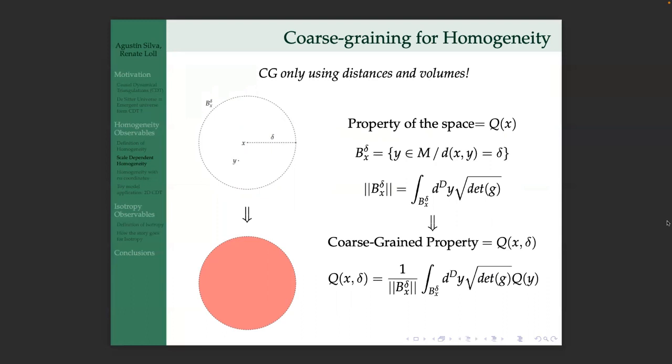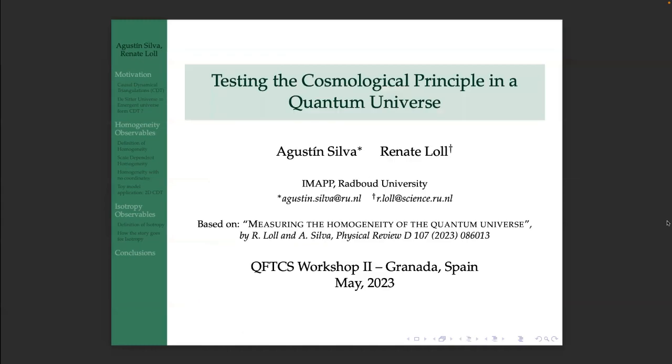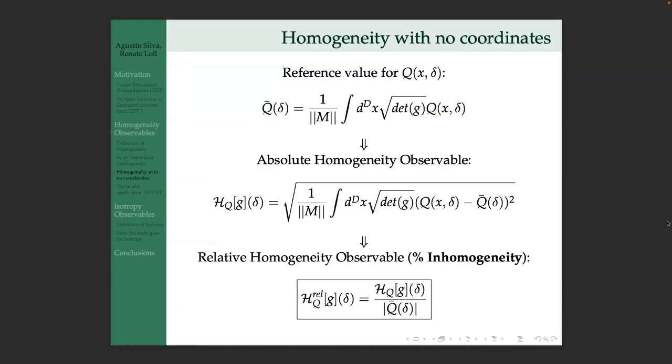And we will define the coarse-grained quantity, which is the average of this quantity all around this geodesic sphere, as Q of X delta, which is nothing more than the average of Q inside this geodesic sphere. Okay, great. So now we have a way of coarse graining a quantity, which is the same as in astronomy, where they average, for example, the temperature of the universe in a given region. Well, this is exactly the same. We are averaging a property in a given region of space-time determined by these geodesic balls.